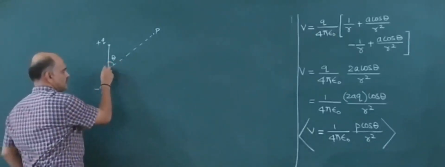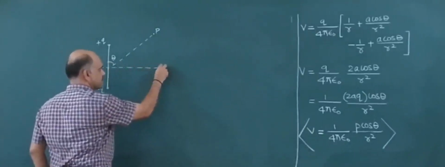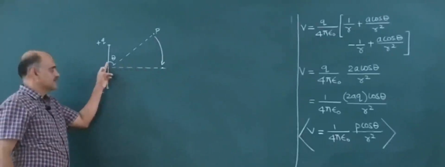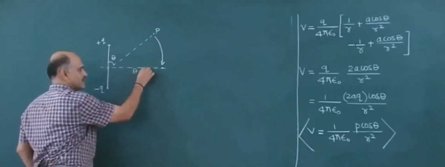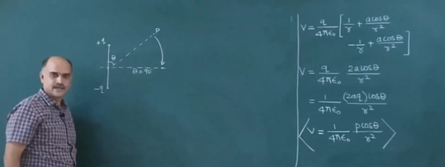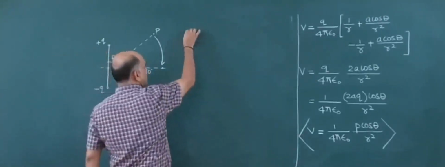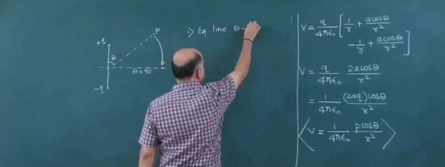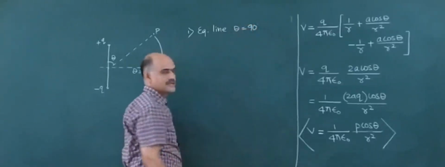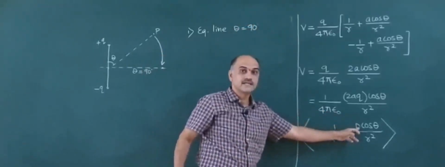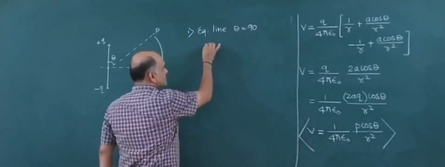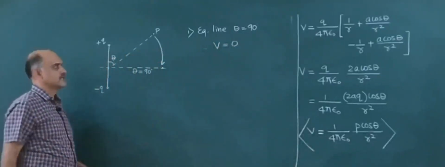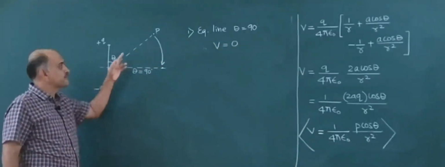If it is on the equatorial line, P comes over here, and this theta will be equal to 90. Cos 90 is 0, so you will have potential equal to 0. So on the equatorial line, you will have V equal to 0.